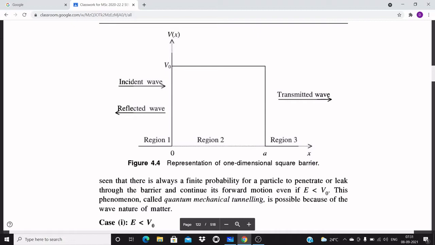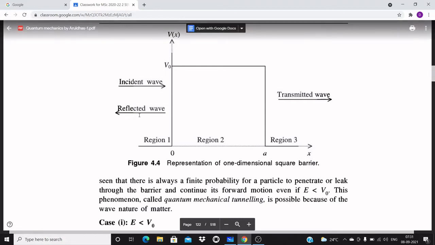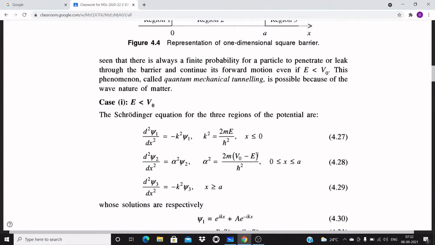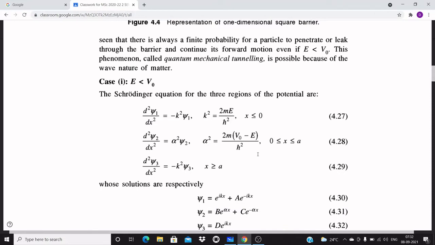First of all, we have to write the Schrodinger equation in all three regions for the case E less than V0, and then we will go for E greater than V0. So these are the Schrodinger equations for E less than V0.